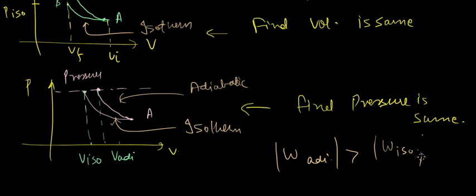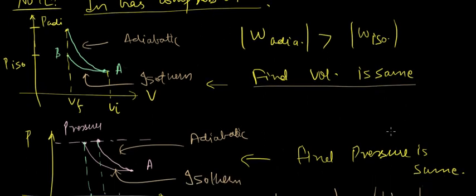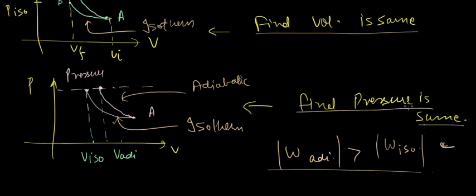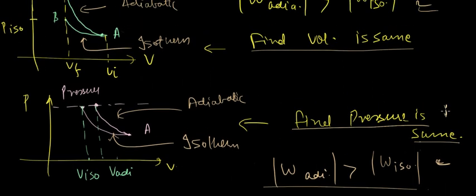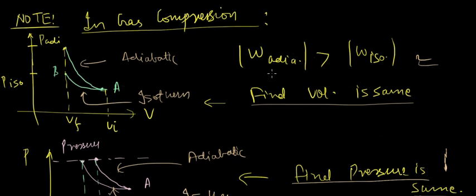Okay, hence in both the cases of compression, whether we are saying final volume is same or whether we are having final pressure as same, both result in the same relationship between works, that is work of adiabatic process is greater than work done in isothermal process in gas compression.